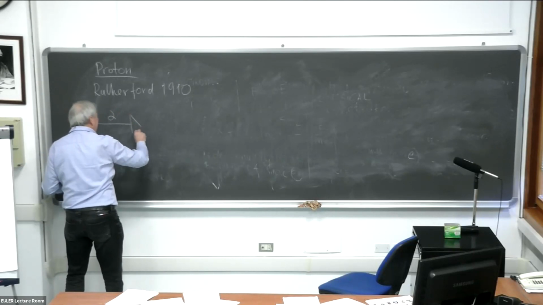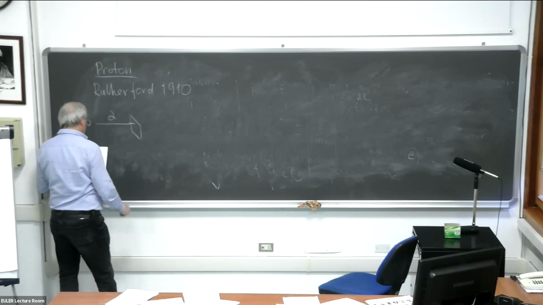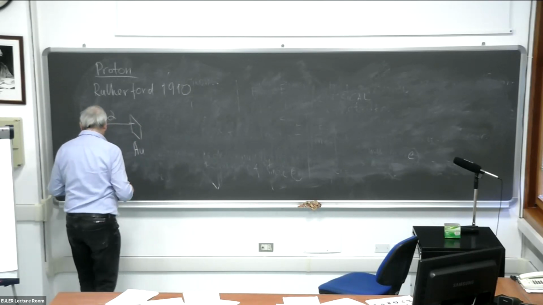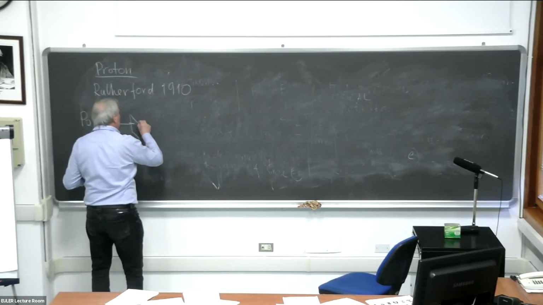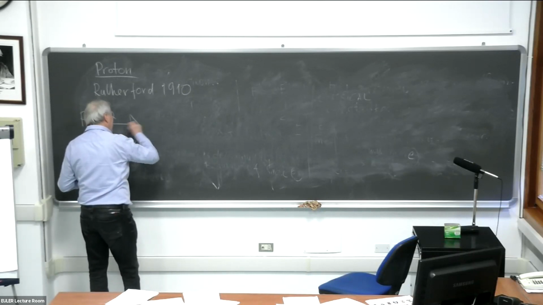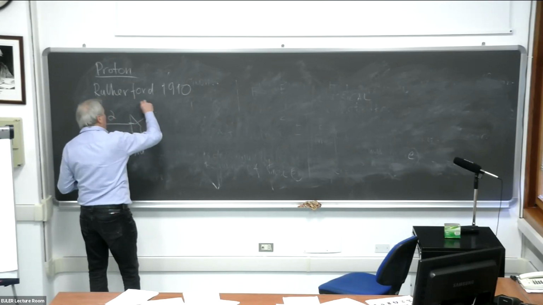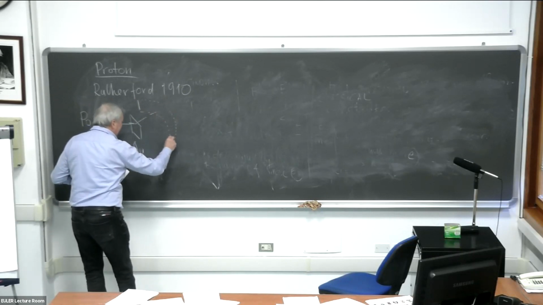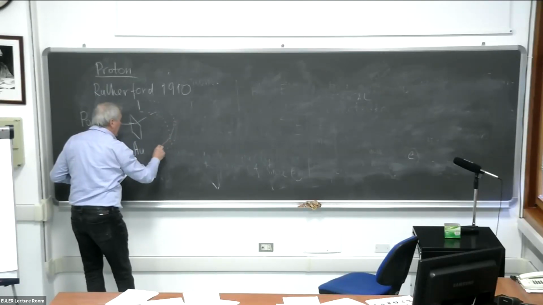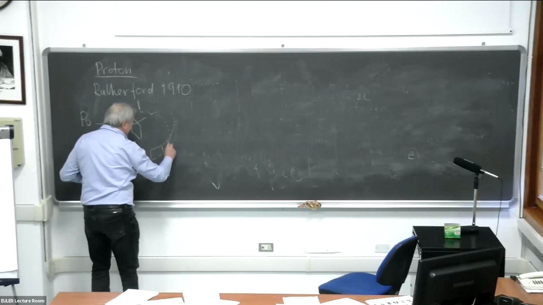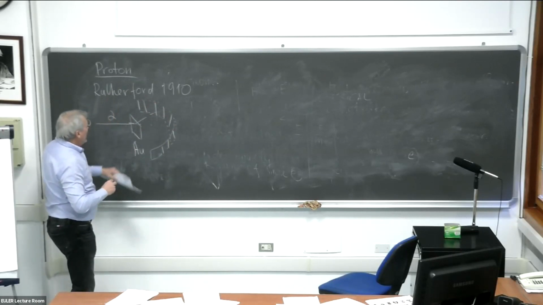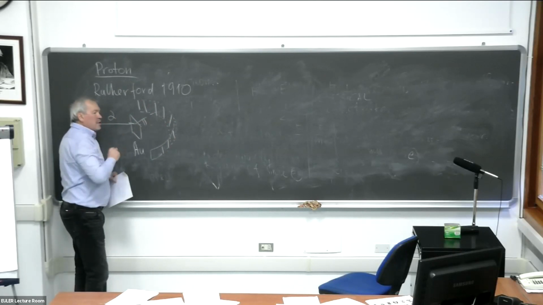The alpha particles hit a gold foil, and he observed their scattering. The foil was surrounded by zinc sulfide screens, and he measured the angular distribution of events.